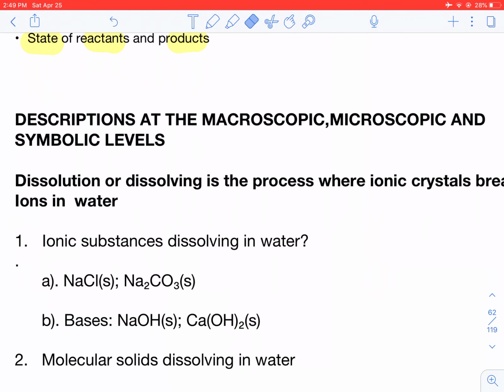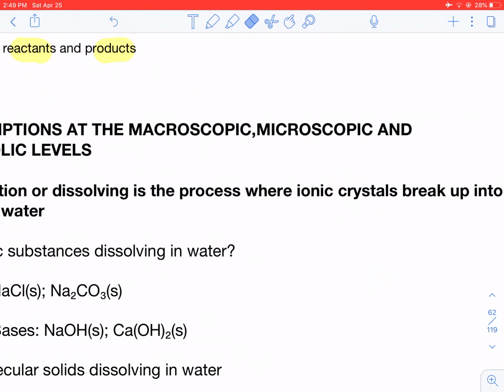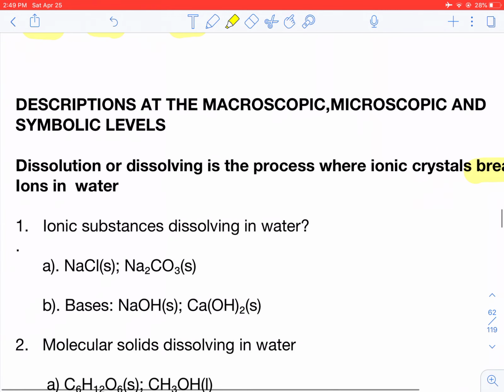Now let's look at dissolution, right? Dissolving is a process where ionic crystals break up into ions. So we've dealt with ionic substances like NaCl, sodium carbonate, NaOH, and calcium hydroxide, which are also ionic substances.